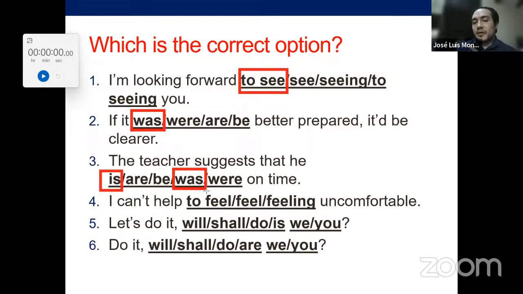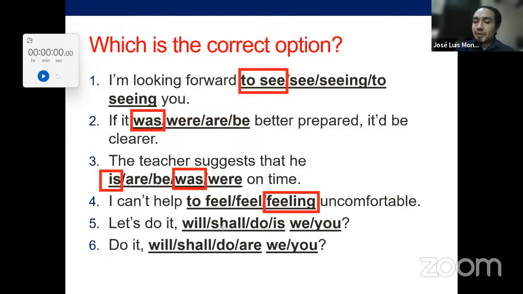Then number 4, I can't help, uncomfortable. I can't help feeling uncomfortable. All right, good. Yes, you remember this was also part of the song that we were listening to, from Elvis, and it's related to can't help. I can't help. Okay, good.